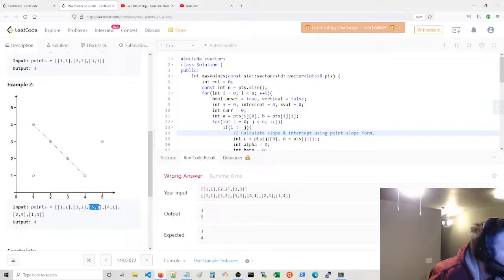Then you go to 5, 3, and then start off at 1, 1. Maybe I'm wrong about this. Somehow I feel like something's not quite right. 5, 3, and 1, 1, and checking all the other points if they're on that line. 4, 1, and 1, 1.